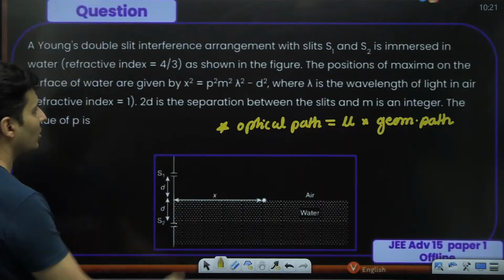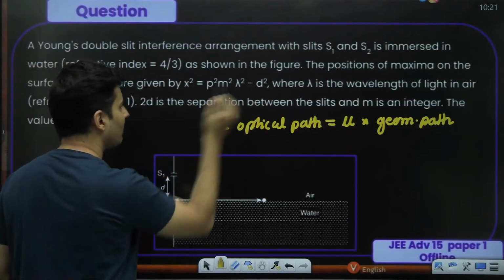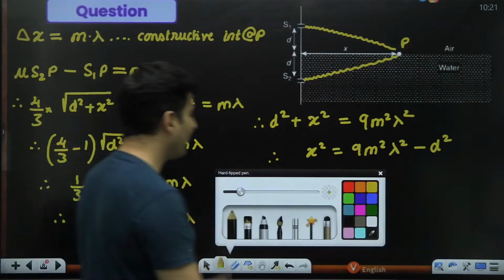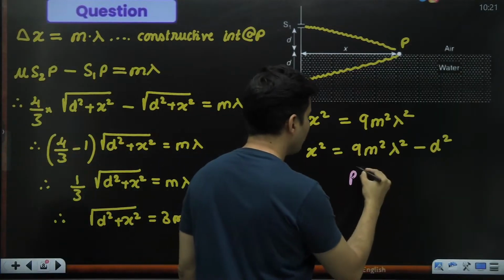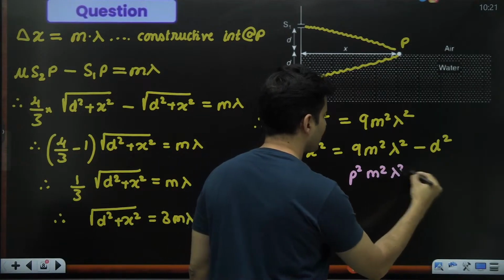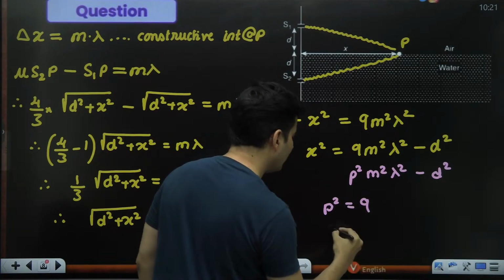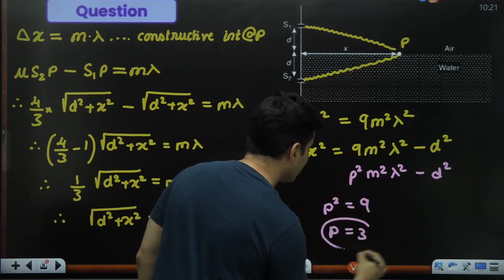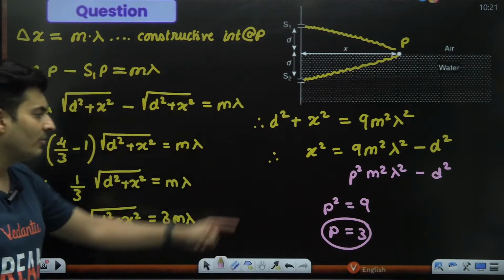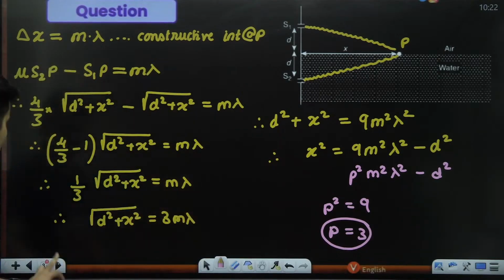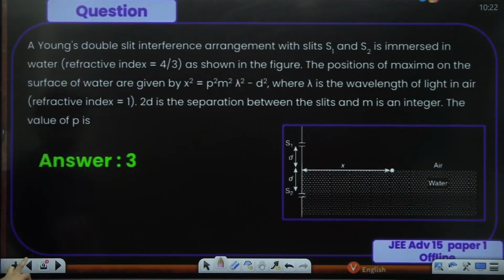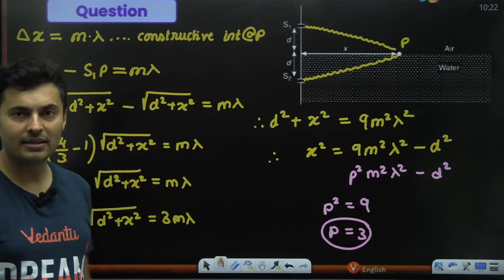The question says p squared m squared lambda squared minus d squared. So what will p be equal to? p will obviously be equal to the number 3. So I think 3 should be the answer. Yes, perfect. 3 is the right answer.